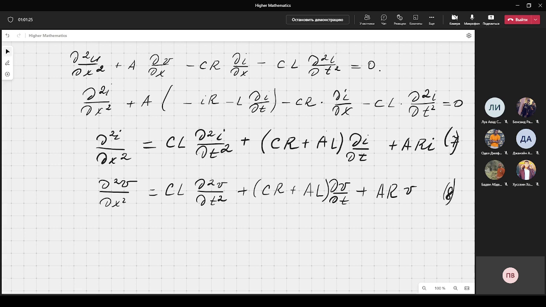If we neglect the leakage through the insulation, where A is 0, and the resistance, where R is 0, then equations 7 and 8 pass into the wave equation.